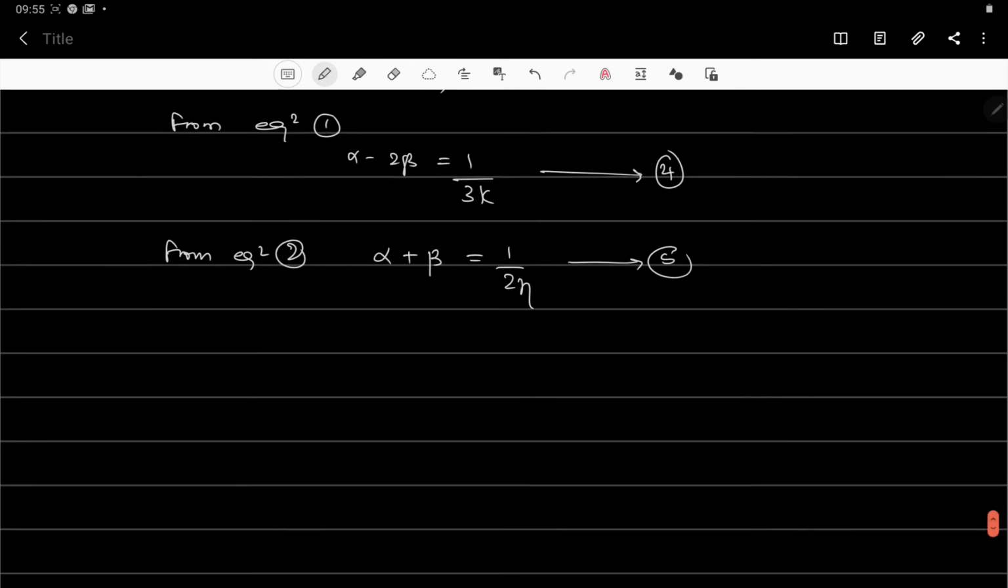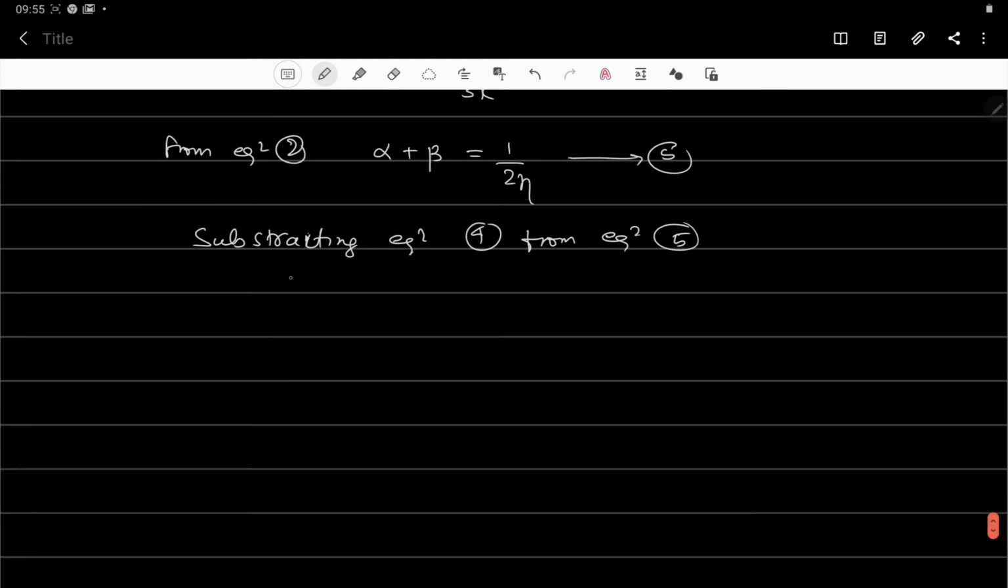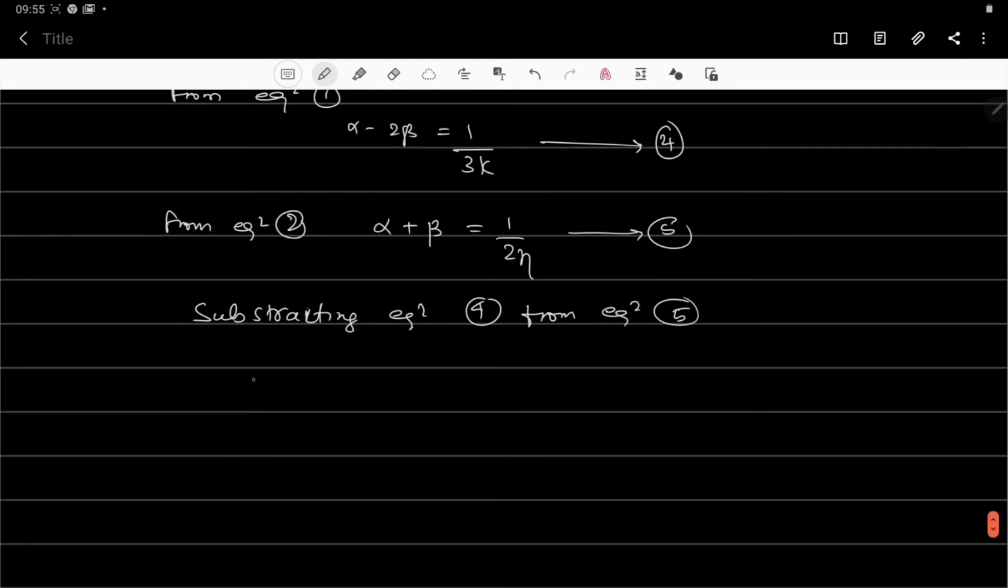Now subtract equation 4 from equation 5. If you subtract, what will you get? Alpha minus 2 beta minus alpha minus beta on the left, and 1 by 2 eta minus 1 by 3k on the right. Alpha gets cancelled.